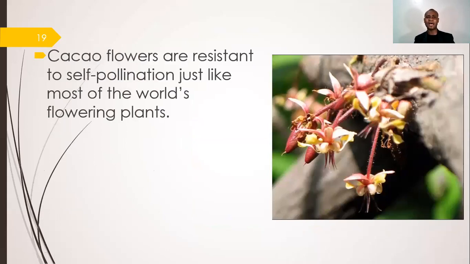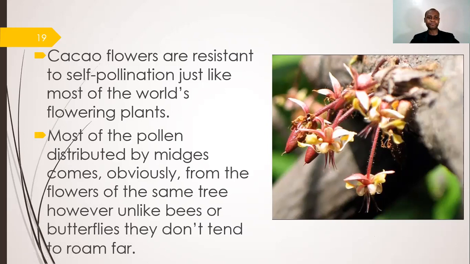Cacao flowers are resistant to self-pollination, just like most of the world's flowering plants. So if the pollen from flower A falls on the female part of flower B on the same tree, then the flower is going to die.